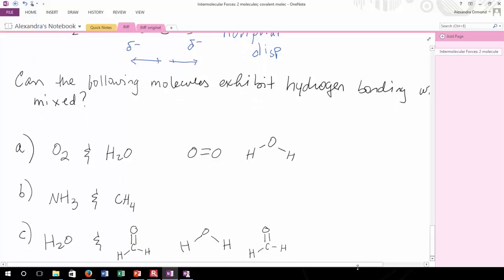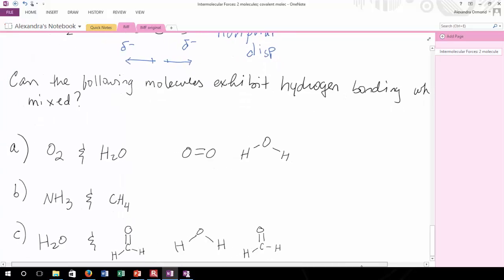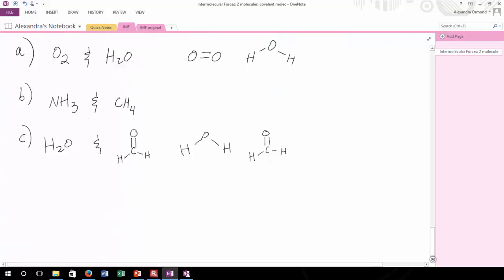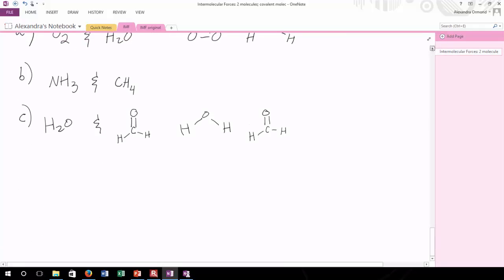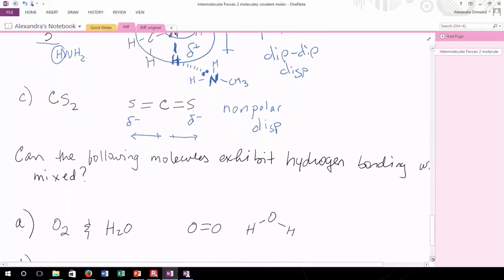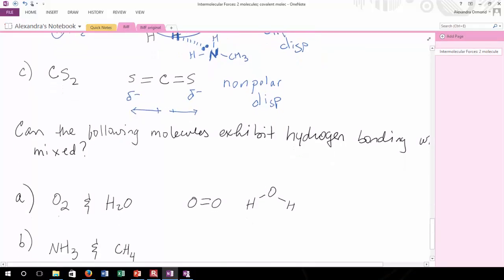One more example. Can the following molecules exhibit hydrogen bonding when mixed? So if we go to the first example, we have oxygen plus water. Oxygen is really nonpolar because who's more electronegative, the left oxygen or the right?